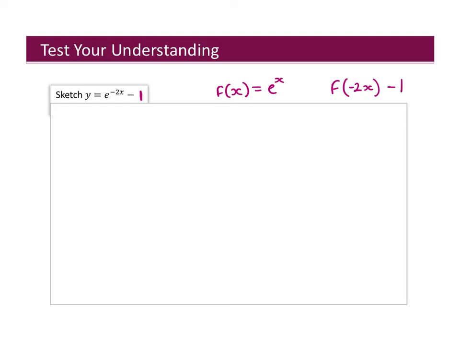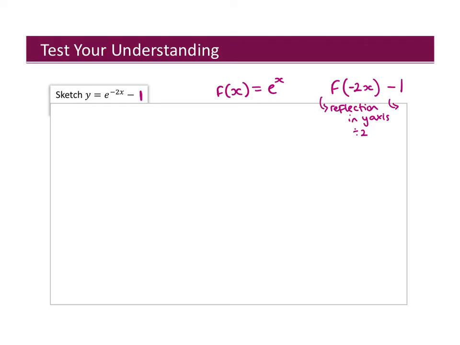What does the -2 do to our function? Okay, it means it's a reflection in the y-axis, and we're going to divide all of our x coordinates by -2 or 2. And then the -1 on the end, what have we done?